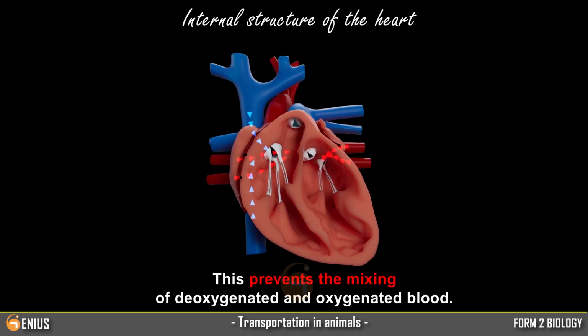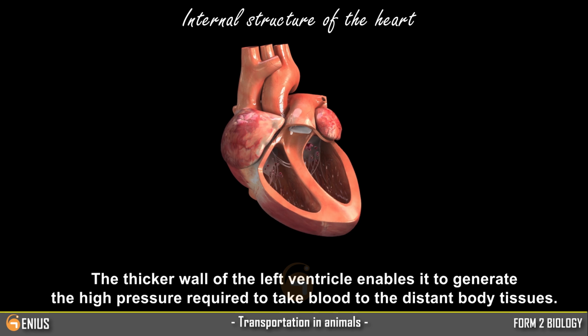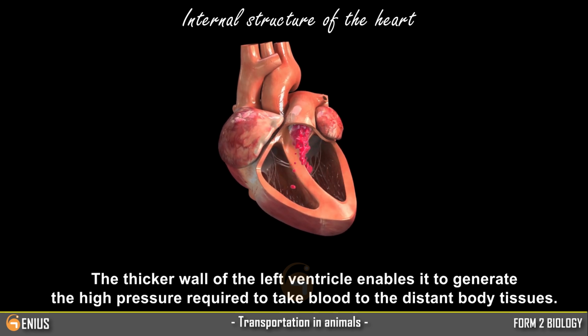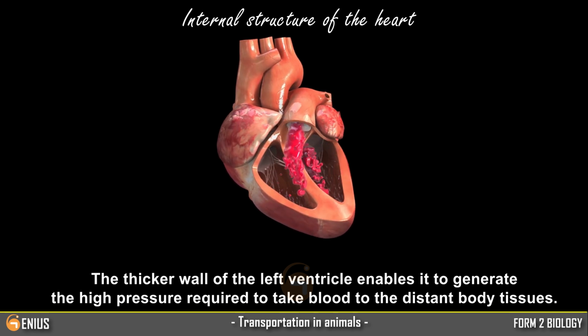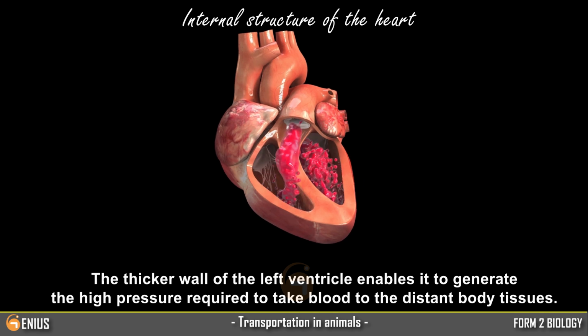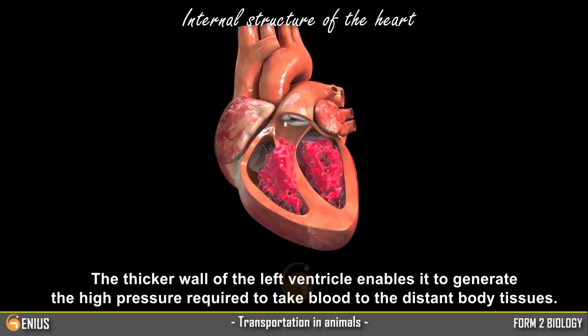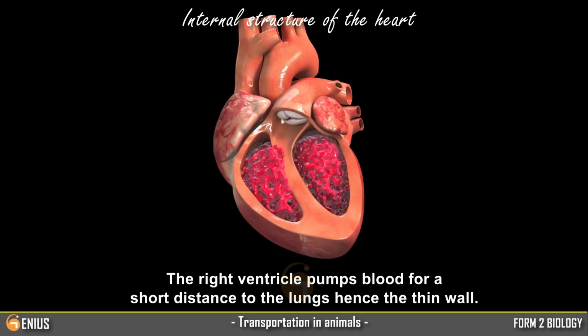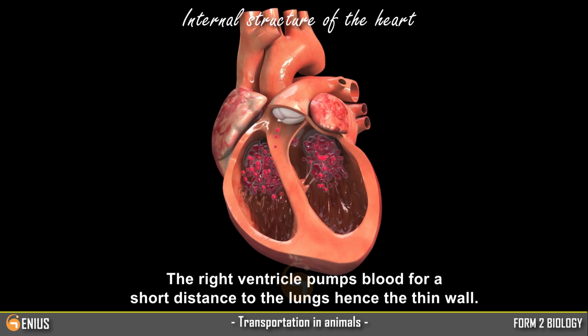This prevents the mixing of deoxygenated and oxygenated blood. The thicker wall of the left ventricle enables it to generate the high pressure required to take blood to distant body tissues. The right ventricle pumps blood for a short distance to the lungs, hence the thin wall.